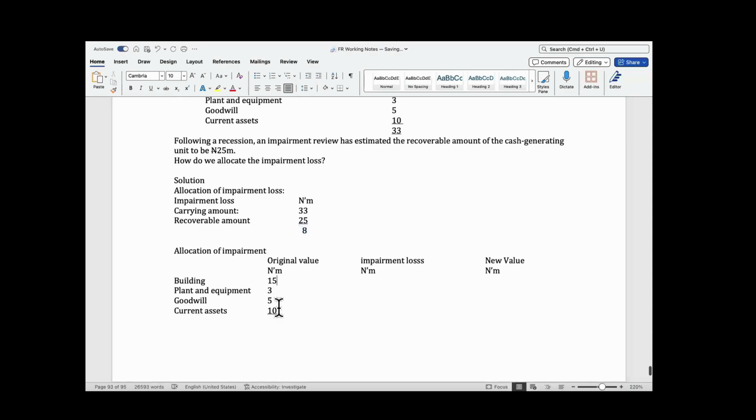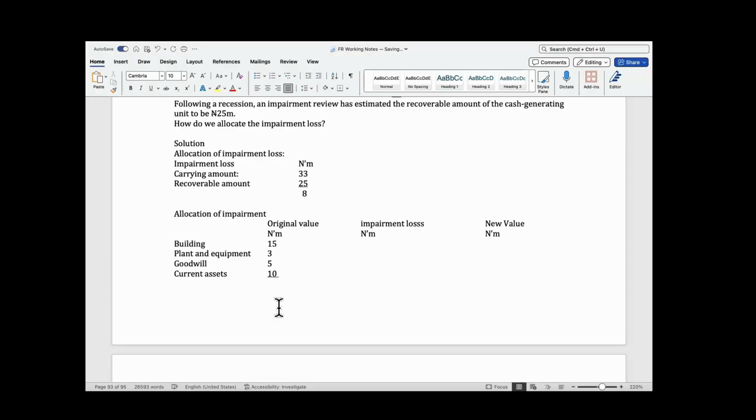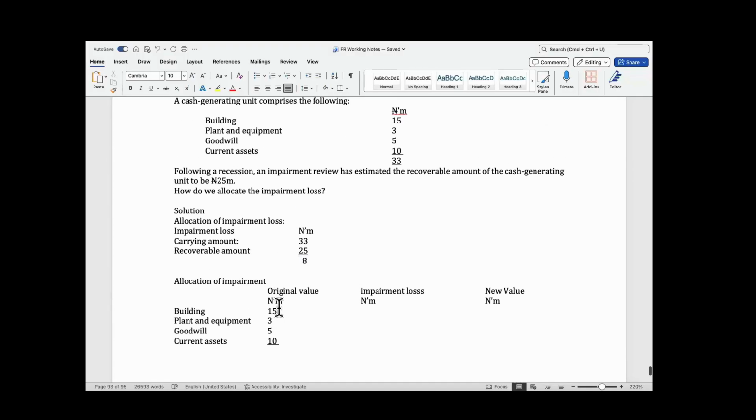First, how do I allocate this impairment loss? First, I allocate to physically damaged assets. In this case, do I have any physically damaged assets? No. Secondly, I will allocate to goodwill.